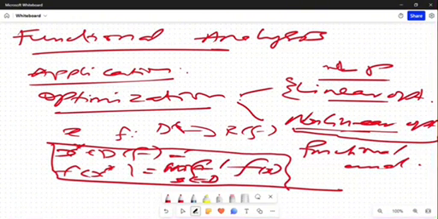The methods or the tools we already have in functional analysis will help us. There's a whole lot of theories that we are going to look at today that give us the existence of the minimizer.